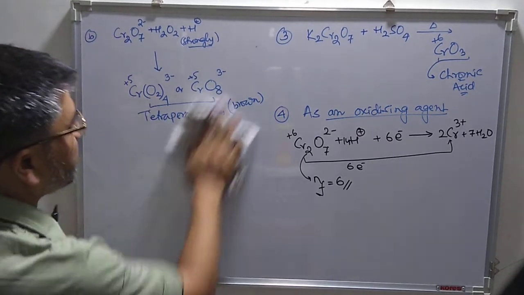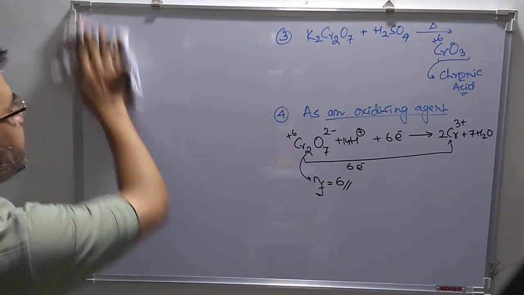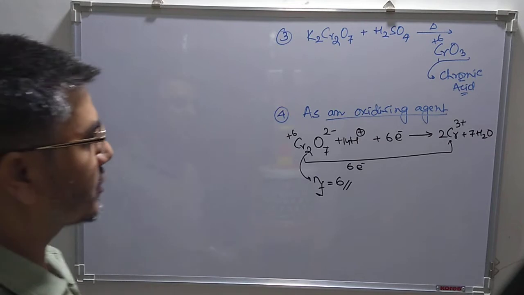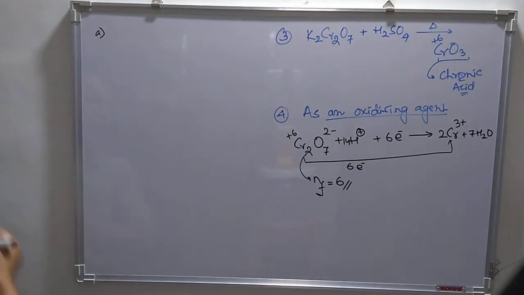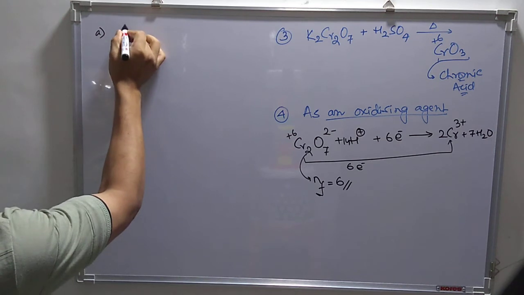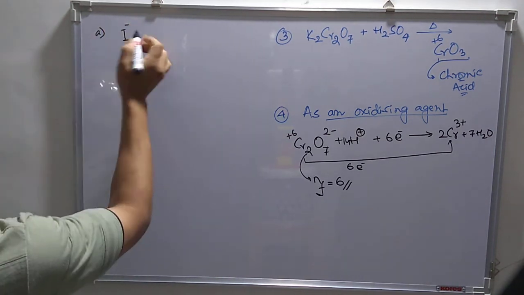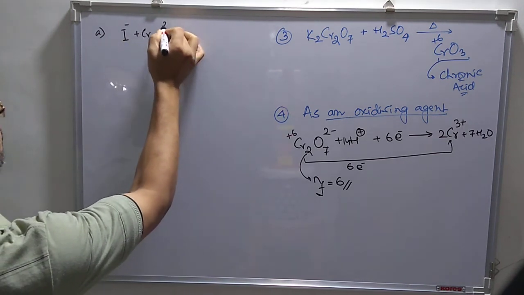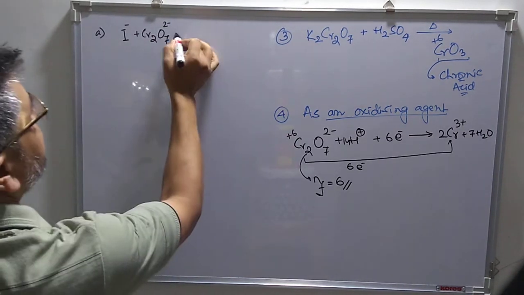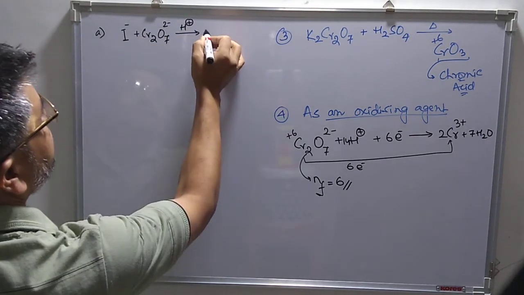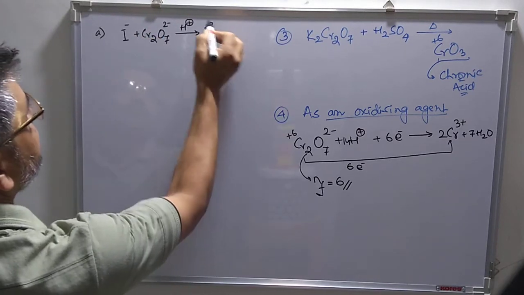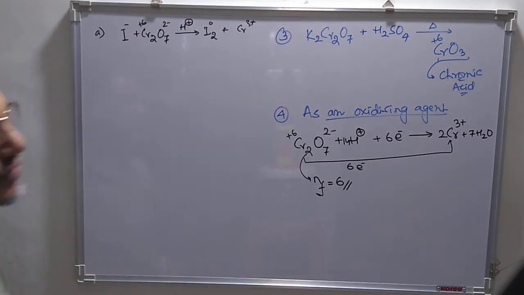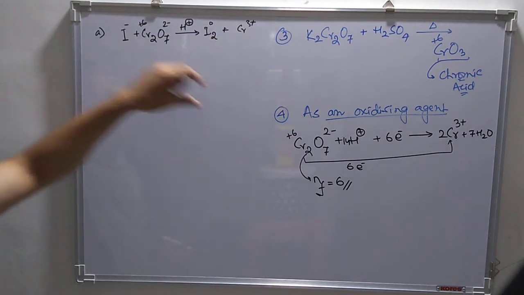So let me give you some important reactions in which dichromate acts as an oxidizing agent. Both organic and inorganic species can be oxidized by this dichromate. Now this iodide, I minus, can be oxidized by Cr2O7 2 minus in acidic medium to iodine, -1 to 0, and chromium changes from +6 to +3. The reaction is not balanced, I'm just showing the chemical change.